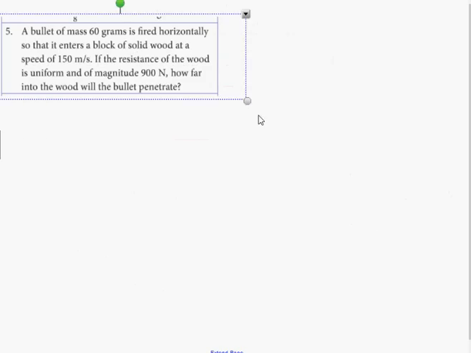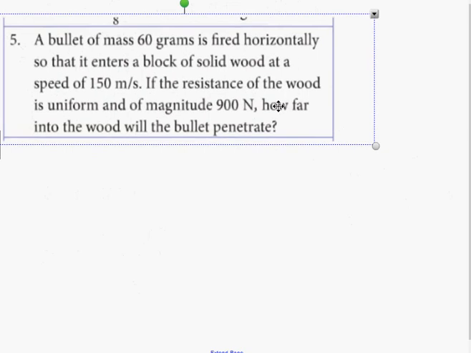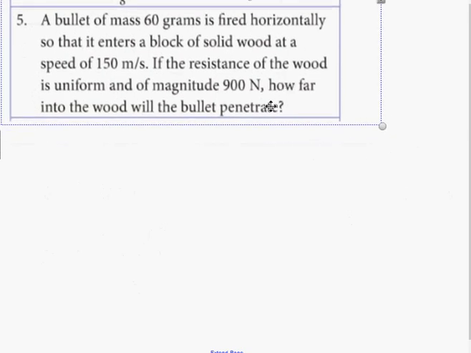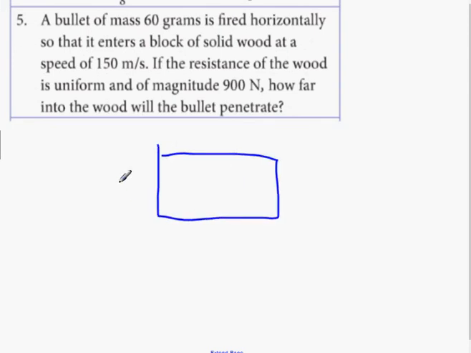Now, a bullet. A bullet of mass 60 grams is fired horizontally, so it enters a block of wood. It comes in here, and just before impact it's going at 150 into the wooden block. If the resistance of the wood is uniform and of magnitude 600 N, we're assuming a constant resistance.